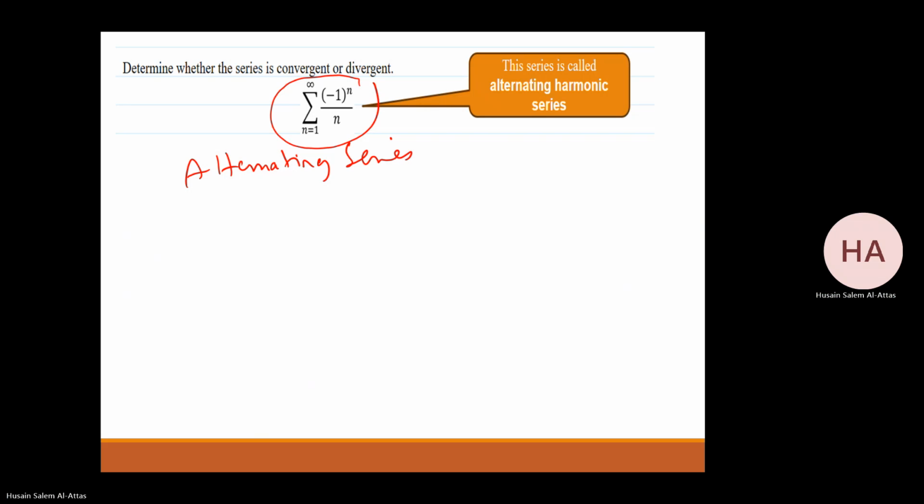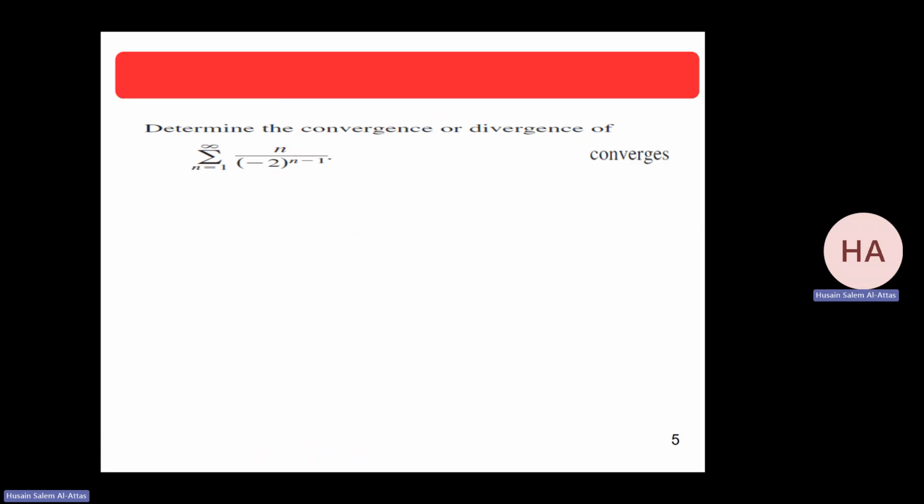So it converges. And by the way, this series is called the alternating harmonic series. Remember the harmonic series? Don't forget, the harmonic series diverges. But this one with minus 1 to the power n will converge. So they call it the alternating harmonic series.